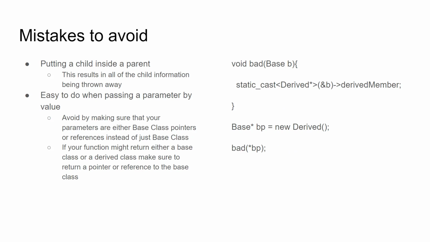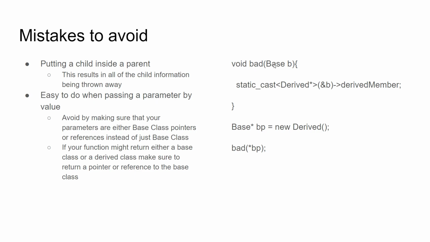So one thing that can be a really easy mistake to make is to put a child inside of a parent. So putting an instance of a child inside of a parent's class throws away all the child stuff. This is really easy to do when you pass by value, or when you return by value.